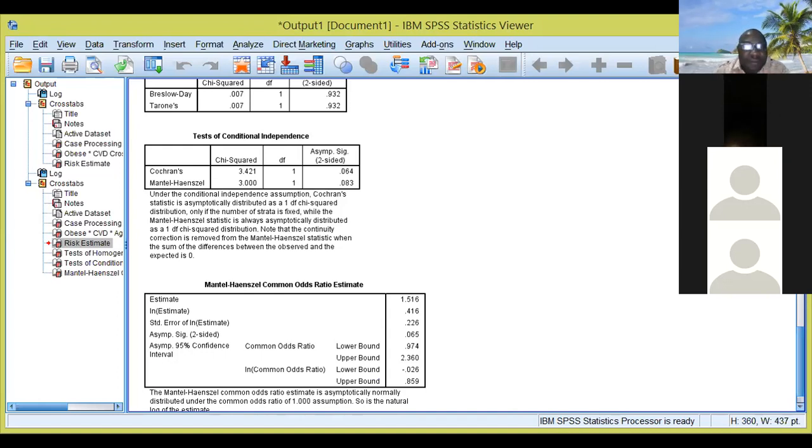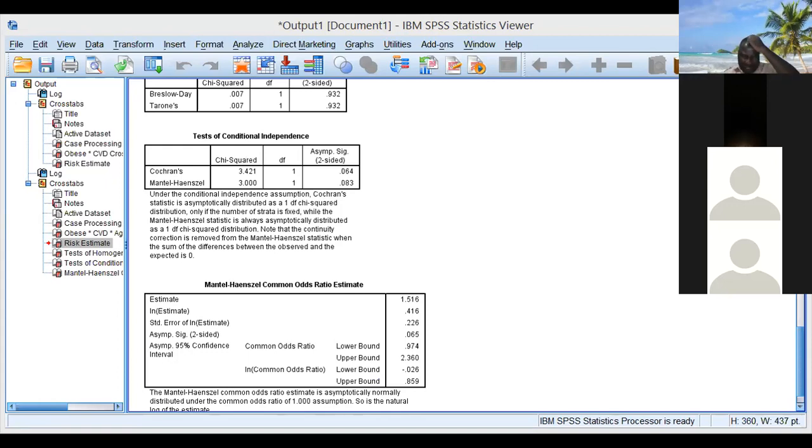The one we calculated, the final adjusted one, is 1.52. So we have already established that this is not effect modification, though people say that the power of the test is very okay.